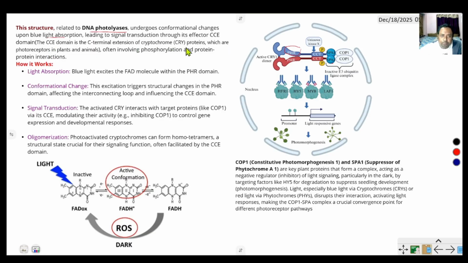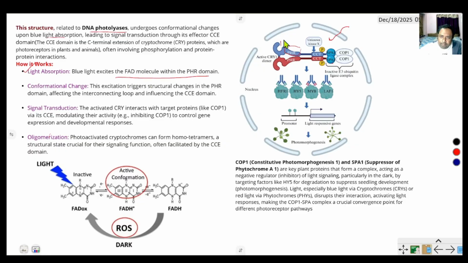The C-terminal extension of the cryptochrome protein, which is a photoreceptor in plants. How does it work? First, light absorption. Blue light is absorbed and excites the FAD molecules within the PHR domain.